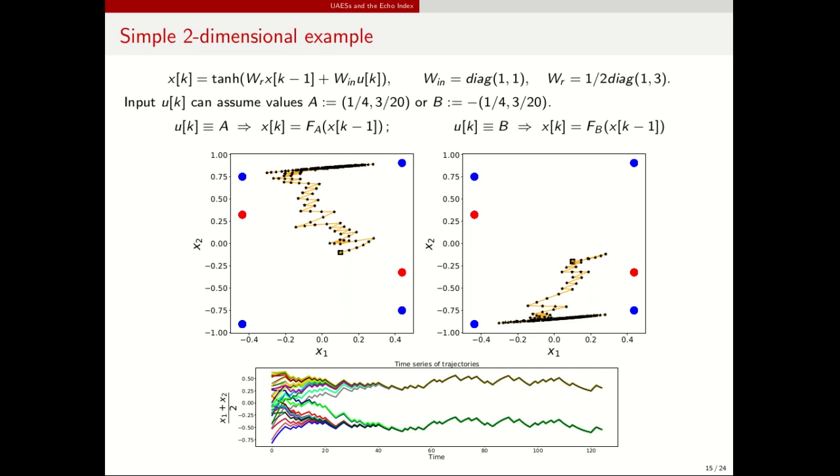So I generated an input sequence of values A and B, randomly with equal probability to pick the value A or B, and I used this input sequence to drive the dynamics of this system.